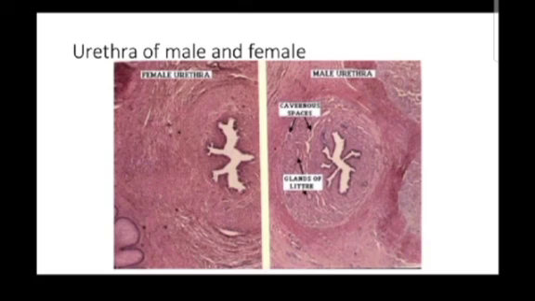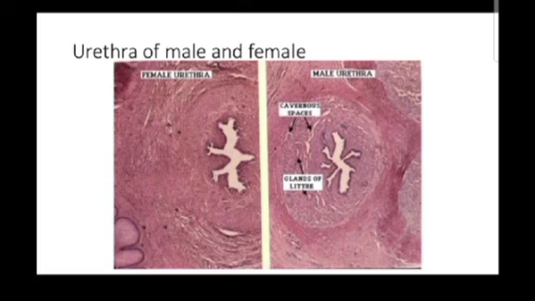If we talk about the female urethra, the mucosa is lined mainly by stratified squamous epithelium with areas of pseudostratified and stratified columnar epithelia. The lamina propria consists of loose connective tissue, which is characterized by the presence of cavernous veins.